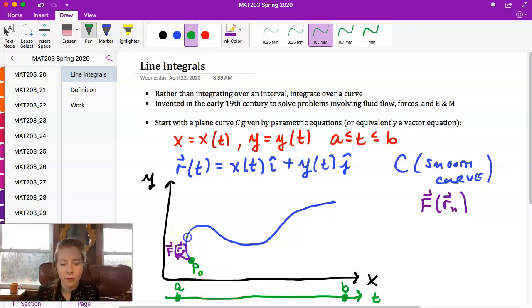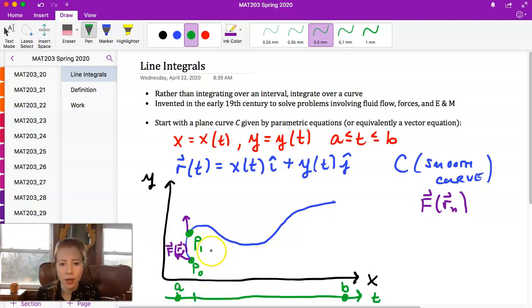And so then we move forward into the next time increment. Let's just put it up here so we don't get too smushy. And then let's say that our force field is over here, just for example. And this is going to be P1, point 1, and so that is going to be, say, here.